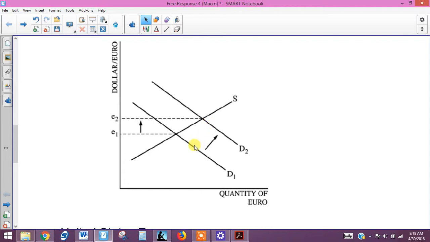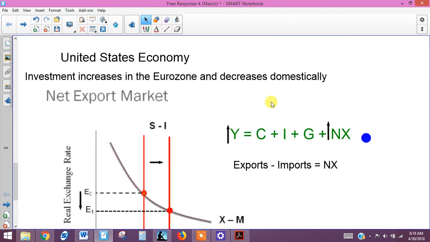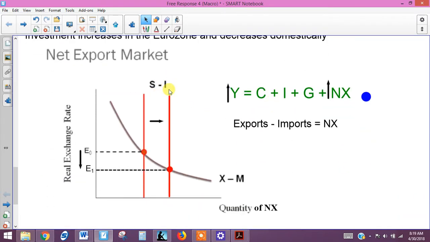The demand for the euro is shifting to the right, so we've got more investment going overseas. So domestically, we have less investment in the U.S. So this expression actually gets larger, because this is savings minus investment. When you have less to subtract out, then this expression gets larger.